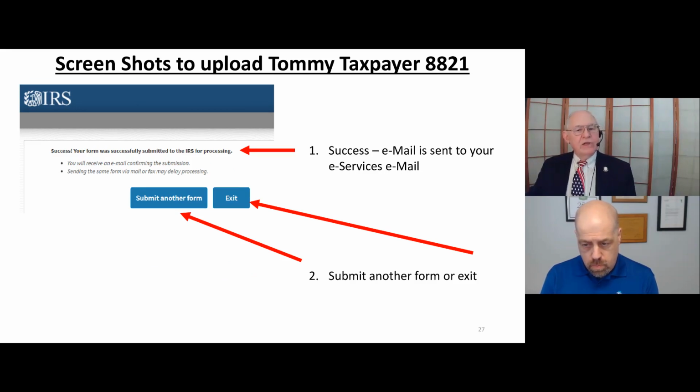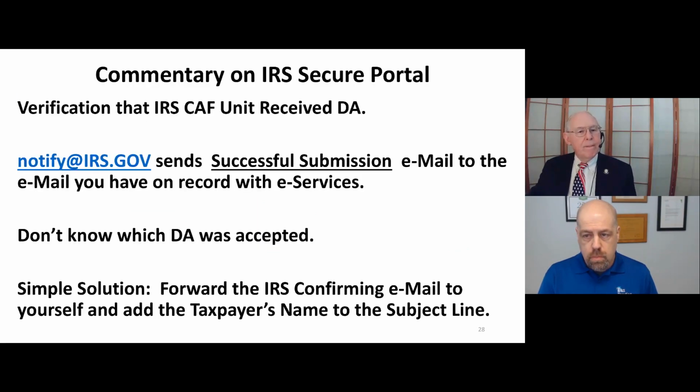It comes back and says success. And an email was sent to your eServices email, whatever is on file. At this point, do you want to submit another form or do you want to exit? The early version of this, after you submitted one form, it logged you out for security purposes. Now it allows you to actually take another shot and upload more forms. So that is how easy it is.